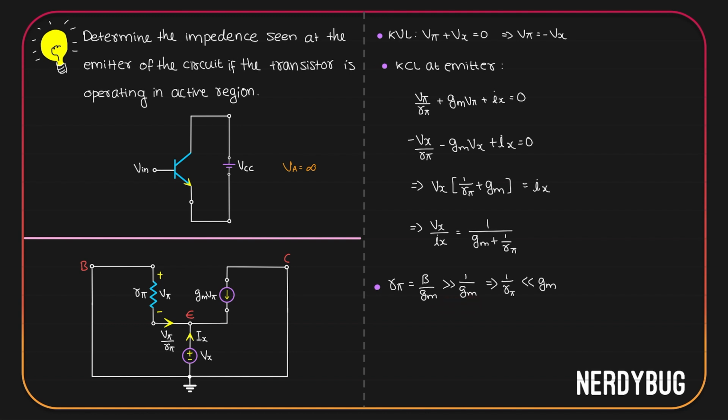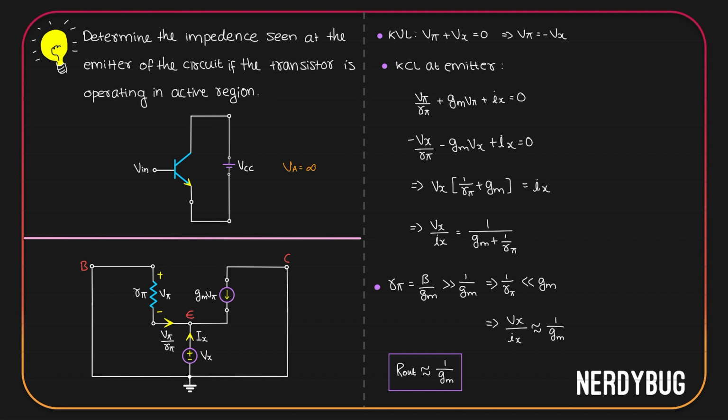Or we can write 1 by R pi is very much smaller than Gm. So when we take Gm plus 1 by R pi, since 1 by R pi is very small when compared with Gm, we can approximate this to just Gm. That gives us Vx by Ix is approximately equal to just 1 by Gm. So the impedance that we see when we look through the emitter is 1 by Gm.